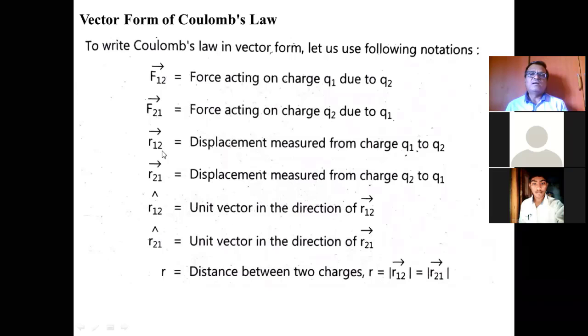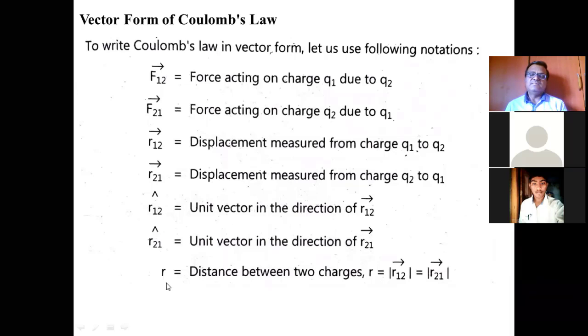Similarly, R12 bar is the displacement measured from charge q1 to q2. Then R21 bar is the displacement measured from charge q2 to q1. The unit vector R12 cap is the unit vector in the direction of R12 bar, and similarly R21 cap is the unit vector in the direction of R21 bar.